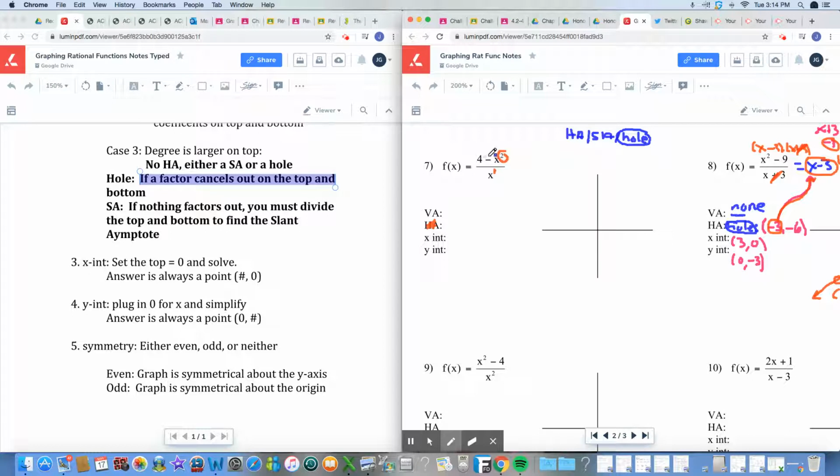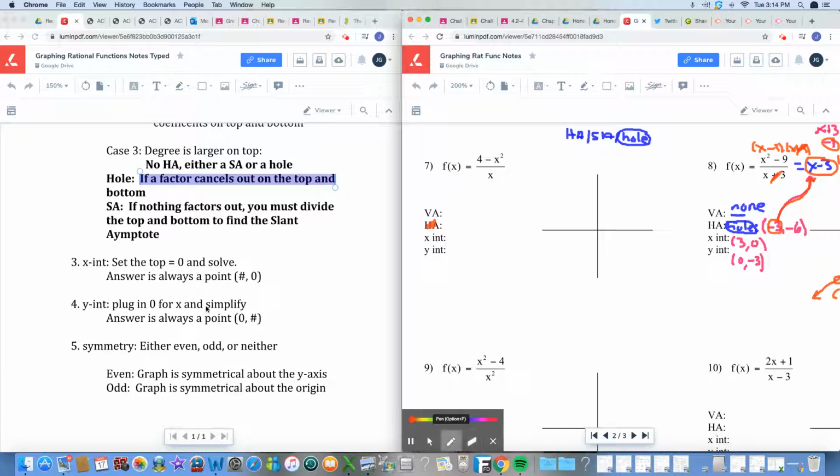Now, if I were to factor this, and if you wanted to switch this around to make this negative x squared plus 4, you could, but it's like 2 minus x, 2 plus x, right? Is anything going to cancel out with x? No. So therefore, we do not have a hole. All right. What we have is we have a slant asymptote.